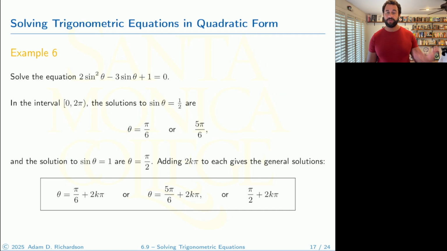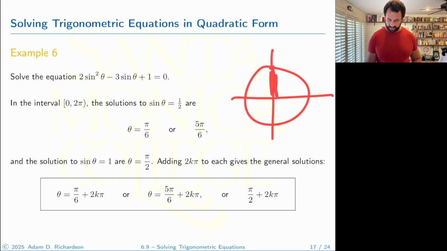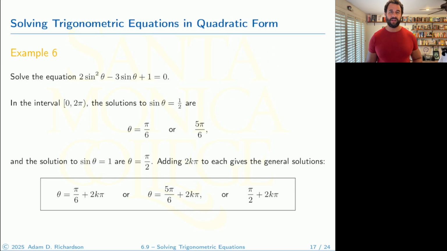Then we need to add the repeating term, so that's where this comes from. And then we look at the other one. So the solutions to this one, what angle has a sine value of 1? Well, imagining the unit circle, it's got to be this angle right there, pi over 2. Pi over 2. Add 2k pi, and we got it right there.